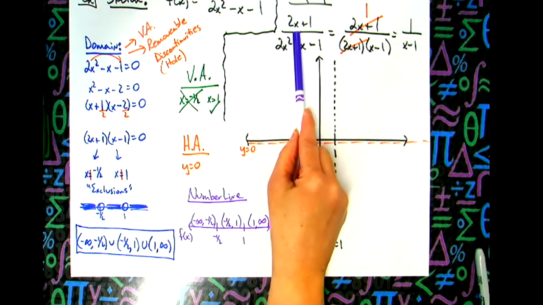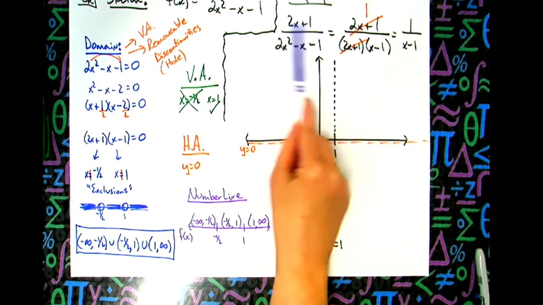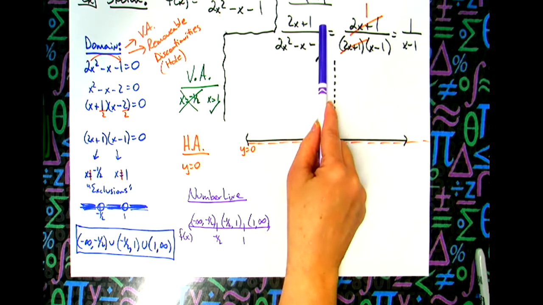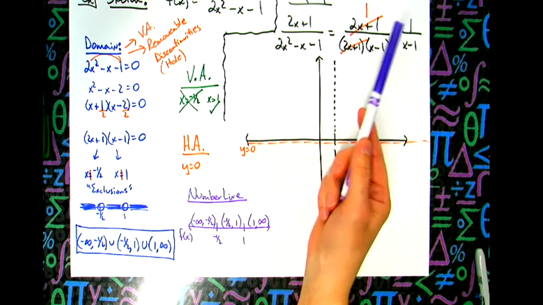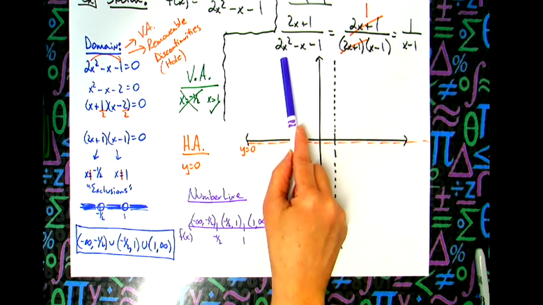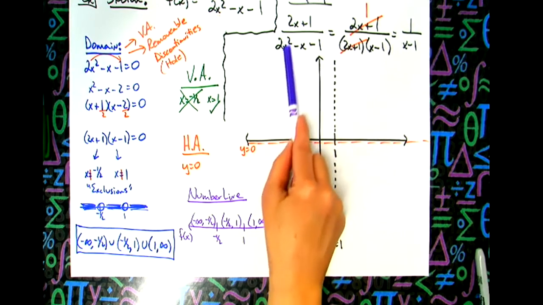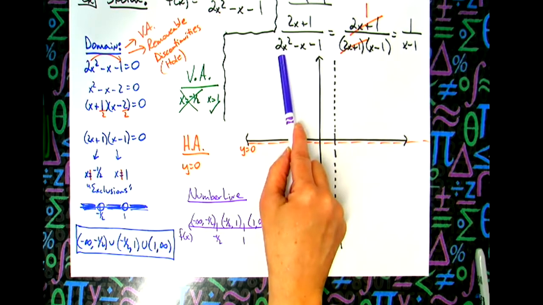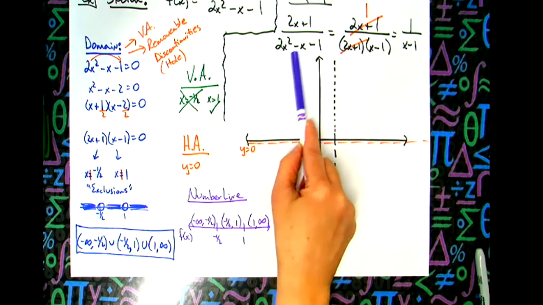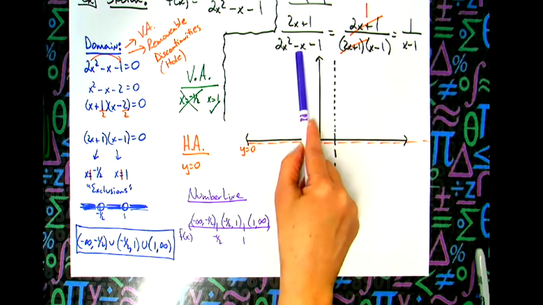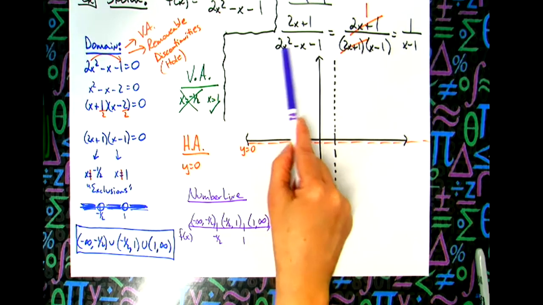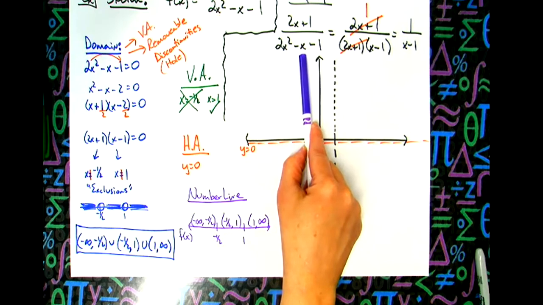If I plug a negative number in the top, times 2, add 1, the top's going to be negative. I don't care what the number is, the top's going to be negative. If I come down here and take a really big negative number and square it, it becomes positive, times 2, minus a negative number, which means I'm really adding. So a positive number plus another positive number, and they're really big, minus 1.